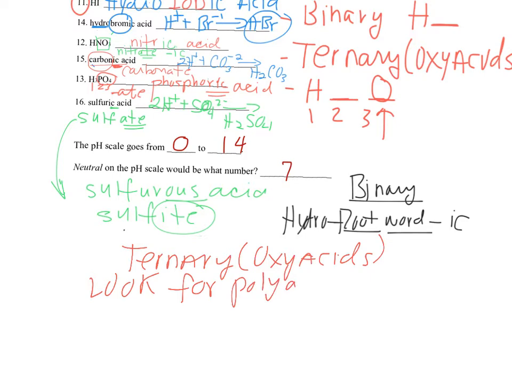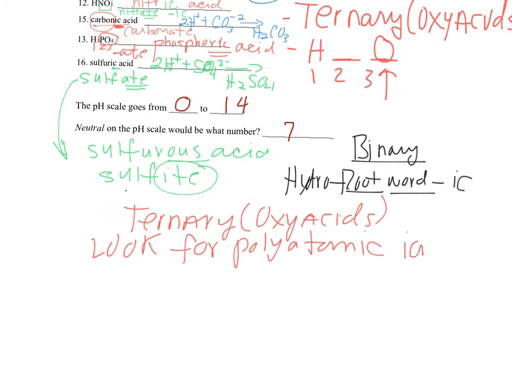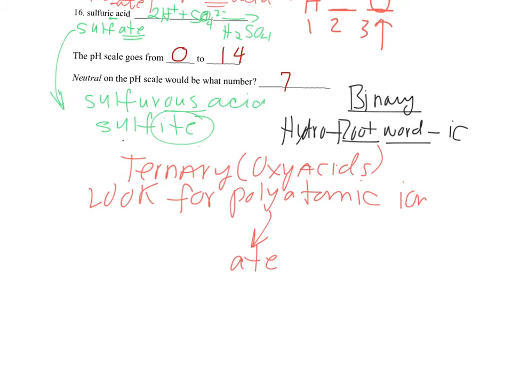You will have the polyatomic ion list. If the polyatomic ion ends in ATE, the acid name will end in IC. If the polyatomic ion ends in ITE, then the acid name will end in OUS.